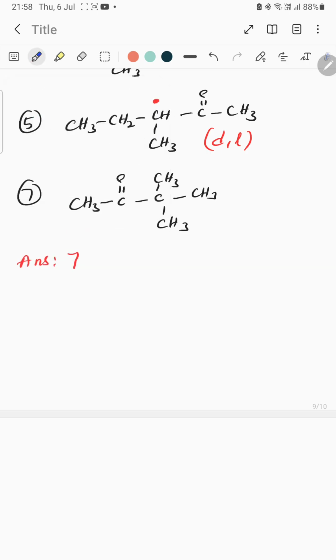Next, 31. How many different enols, including stereo, for 4-methyl 3-hexanone? That is the given compound. He is asking how many different enols, including stereo.